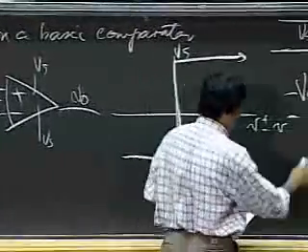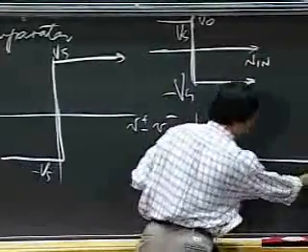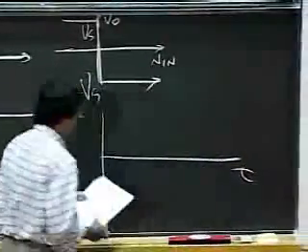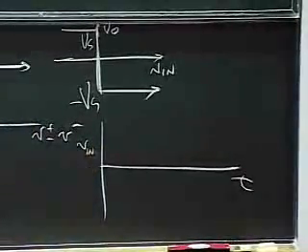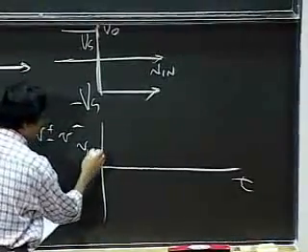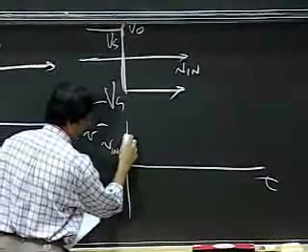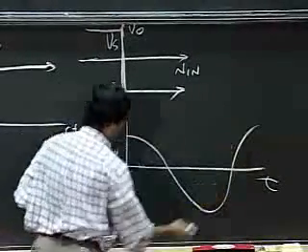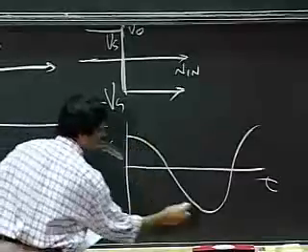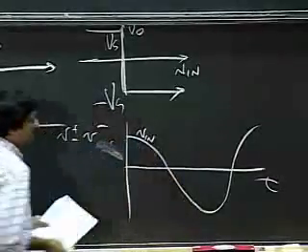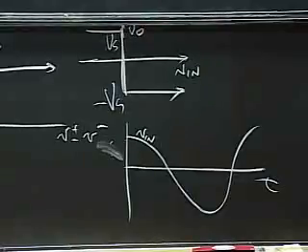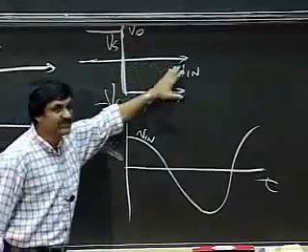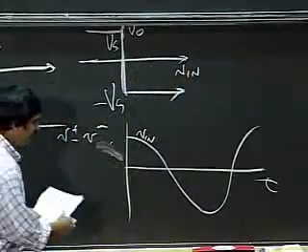So I can plot this as a function of time. So let's say I plot V in. I feed some V in to this circuit here. Then what do you expect the output to look like, the output waveform? For all positive V ins, the output is negative.